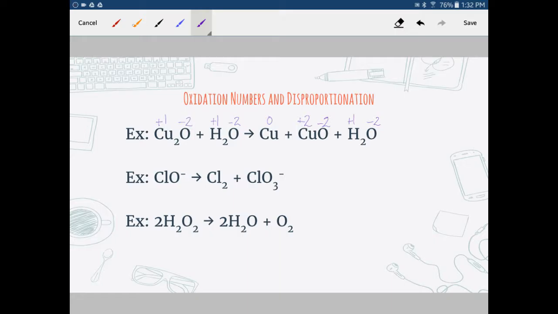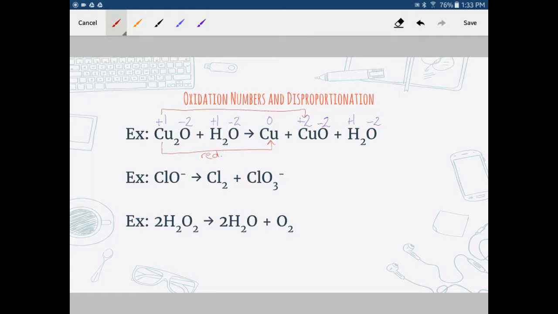When I look at the entities that have changed oxidation number, I see that copper goes from +1 to 0, as well as copper goes from +1 to +2. So when I look at this chemical reaction, I see that copper in my bottom arrow goes from +1 to 0, which means it became more negative, or it gained electrons, or it was reduced.